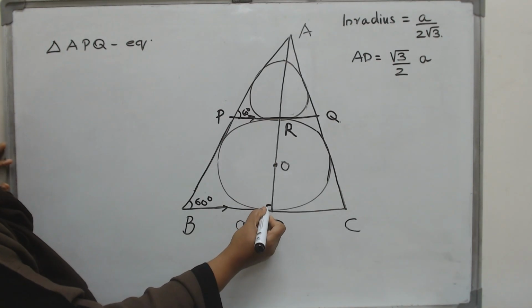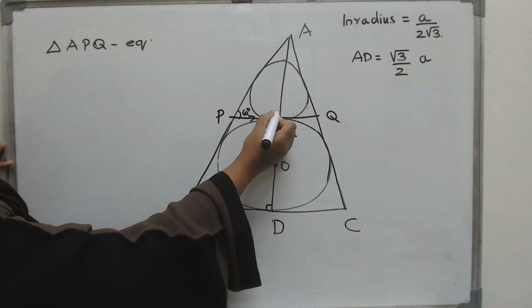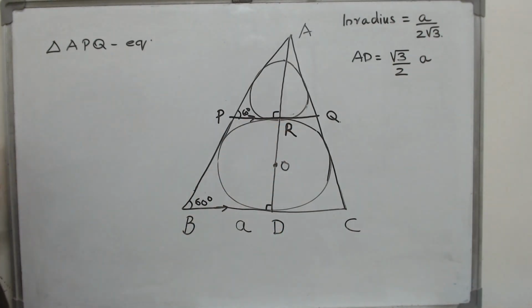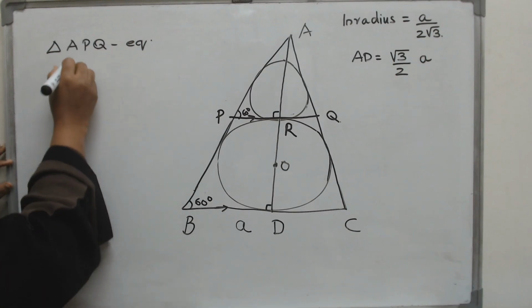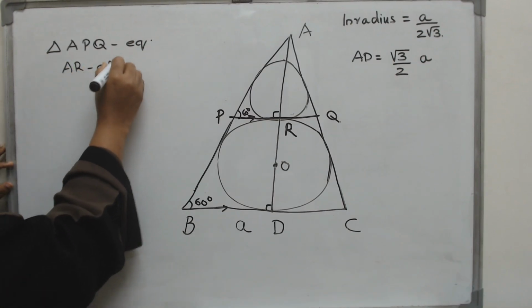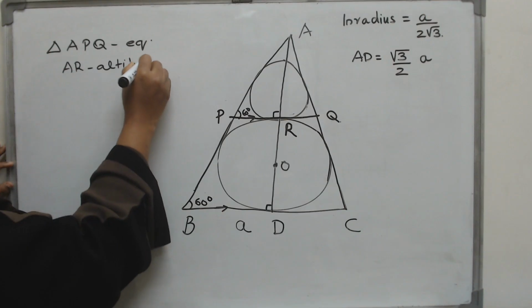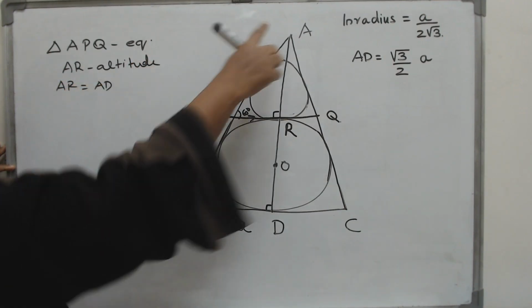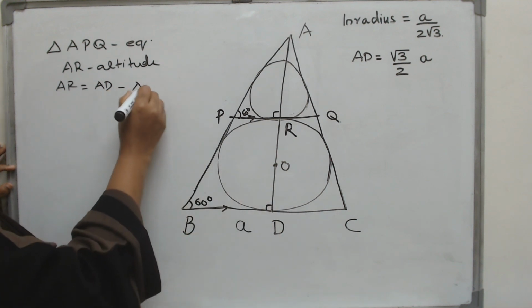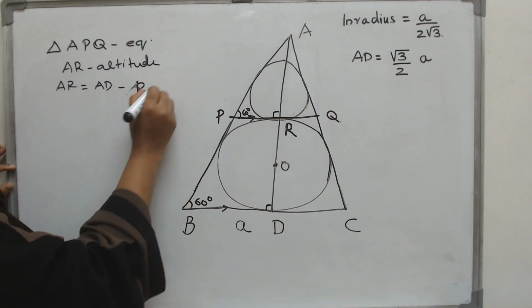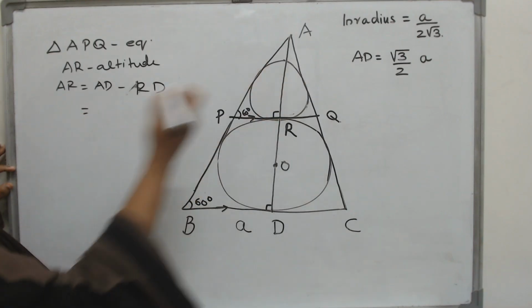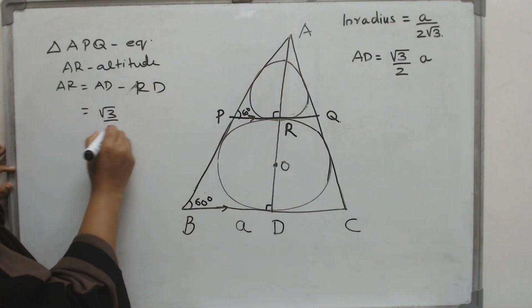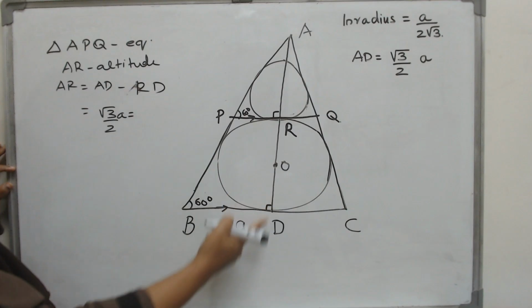Also, this is an altitude. Here you have 90 degrees, which means here also you have 90 degrees, which means what? AR is its altitude. But then what is AR? AR is equal to AD, this whole thing, minus RD. What is AD? We know it is root 3 by 2 a. What is RD?